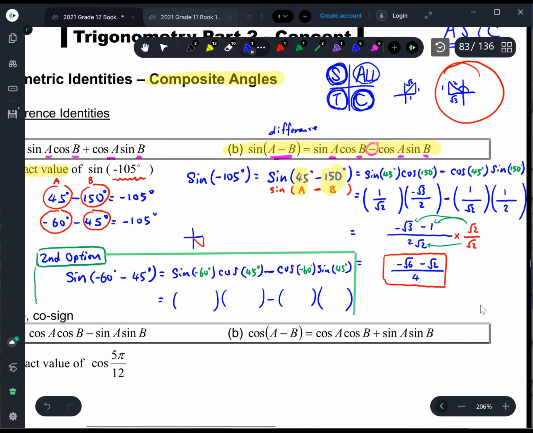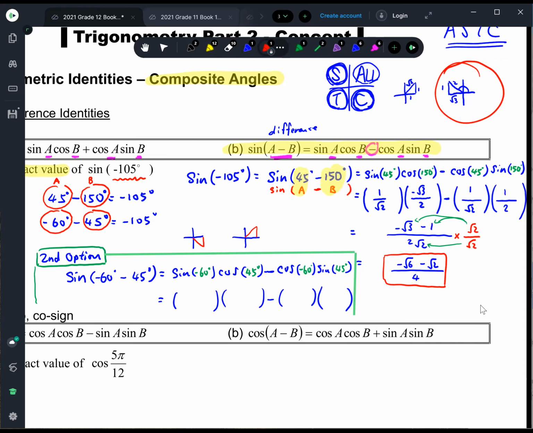For 45 degree, we'll turn to the first quadrant, right? Please raise your hand if you got the 4 blanks.